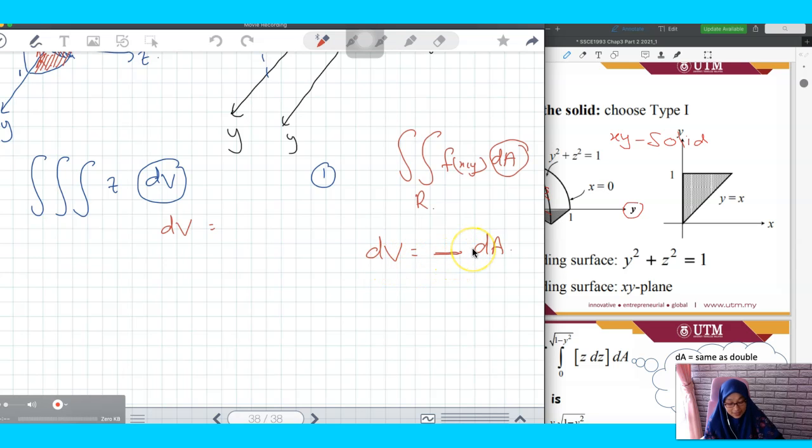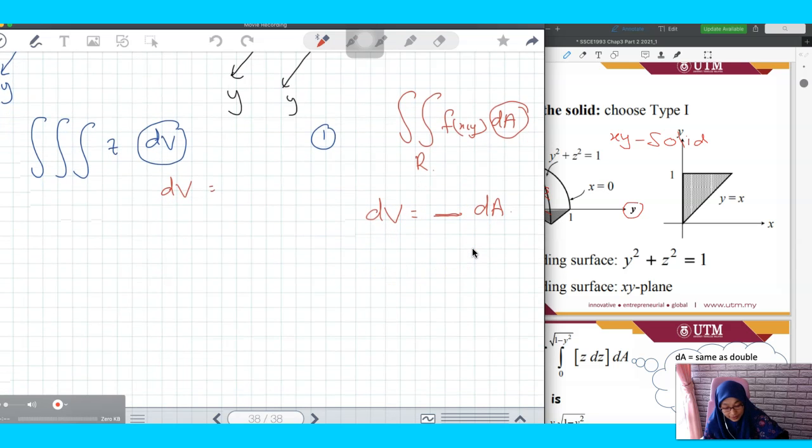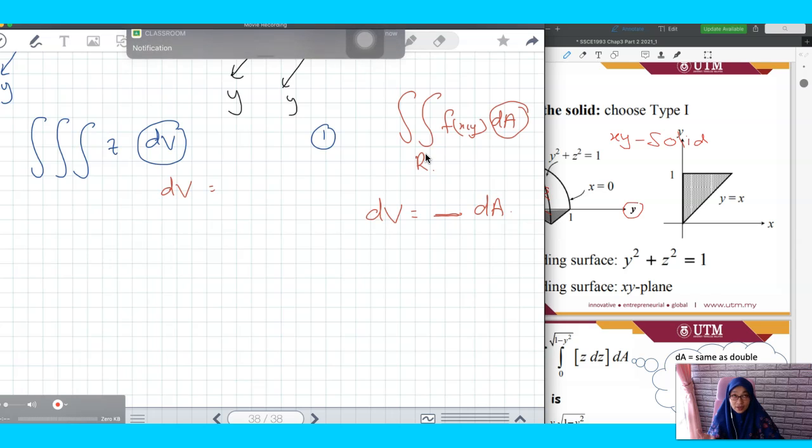So if you relate it with the double integral, your dA relates to the region, right? You have to look at your region. Remember how you determine the order of integration for dA? You have to look at the region and decide which one is constant and which one is the function.